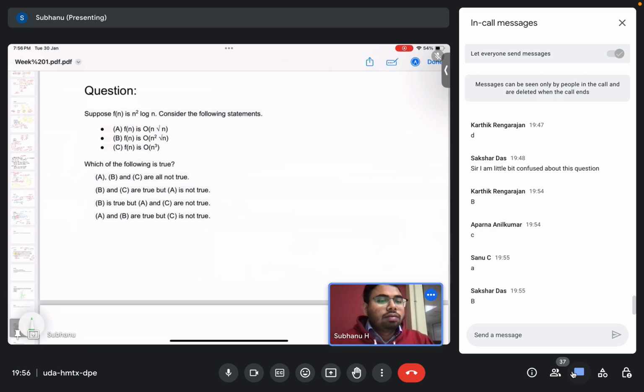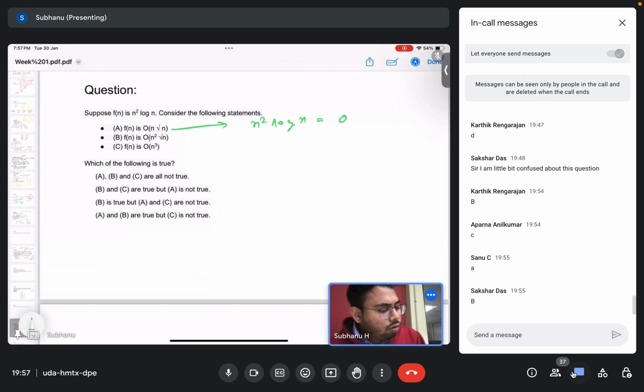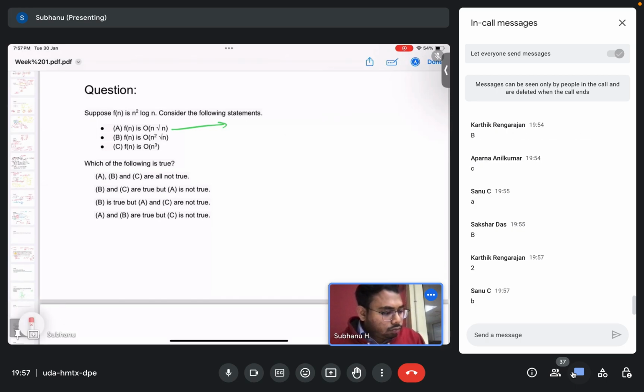The first one says n square log n is equal to n root n, but this is not true, so this is incorrect. So A is not true.